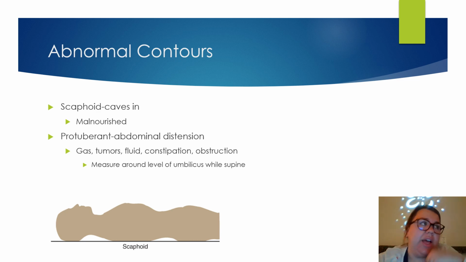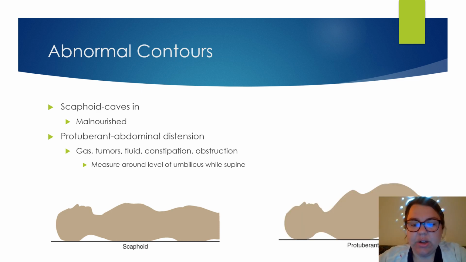Sometimes you will have to measure the width and the diameter of their abdomen, especially if they're heavily overweight or very distended, because if they need to go in for a scan and the scan's only 38 inches wide, but they're 42 inches, they're not going to fit.